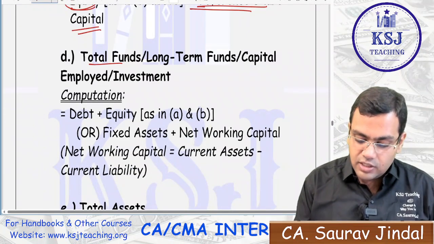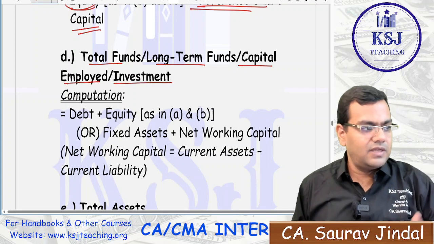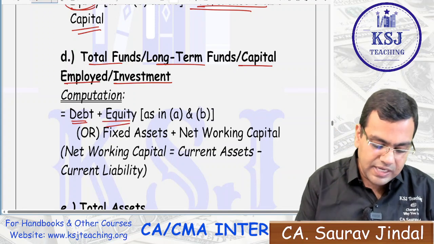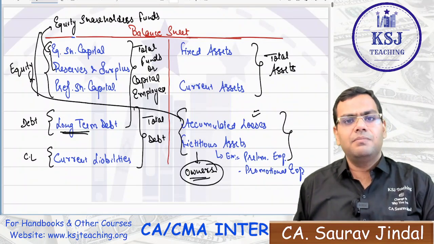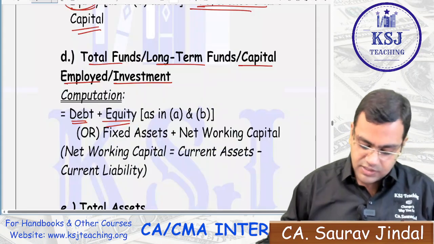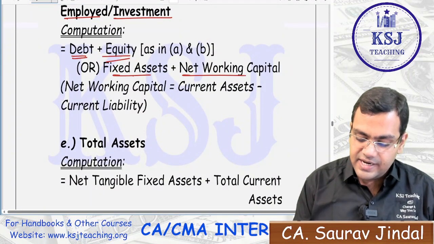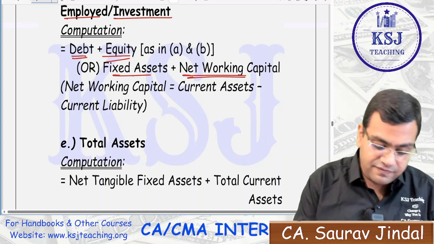Total funds, or the long-term funds, or the capital employed, or the investment that I have explained, is debt plus equity. That is why I told you to just remember this, sir. Debt plus equity will be your total funds. Or fixed assets plus net working capital will also be capital employed. How, sir?